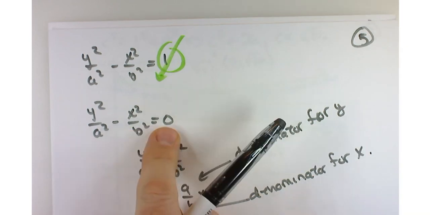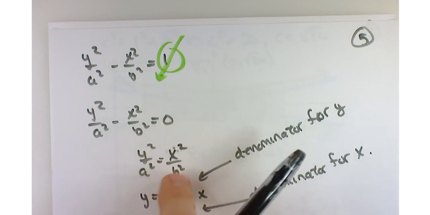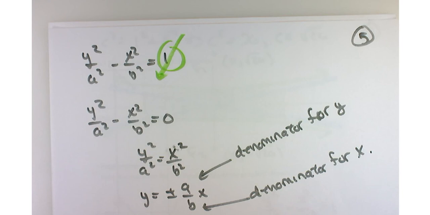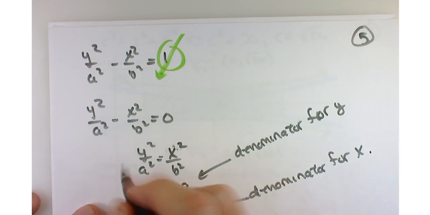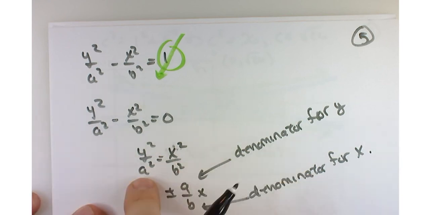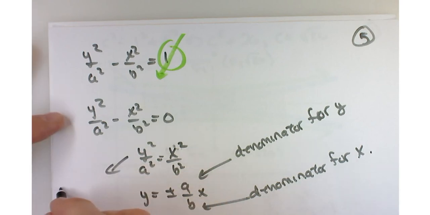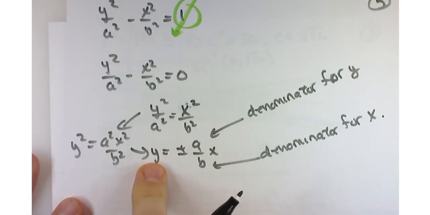You move the x squared over b squared term to the other side, take the square root on both sides. Well, I guess you could do one thing first, and that is multiply both sides by a squared. When you multiply both sides by a squared, you get y squared equals a squared x squared over b squared. And then you take the square root, plus or minus the square root.